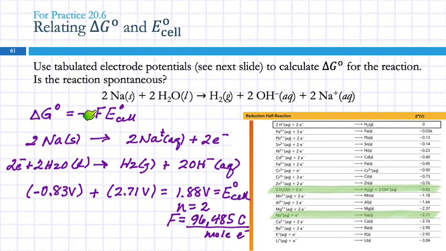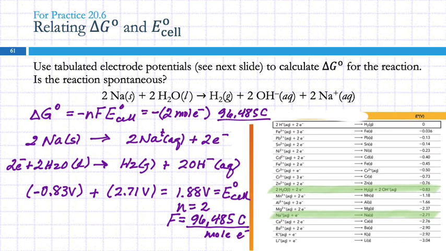So we have N, F, and E. We can plug them in. So there's negative, we have 2 moles of electrons, and 96,485 coulombs per mole of electrons.